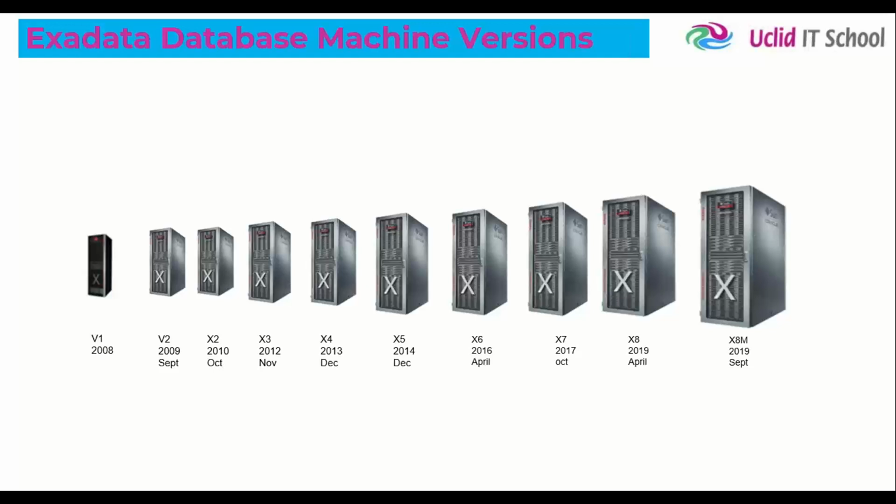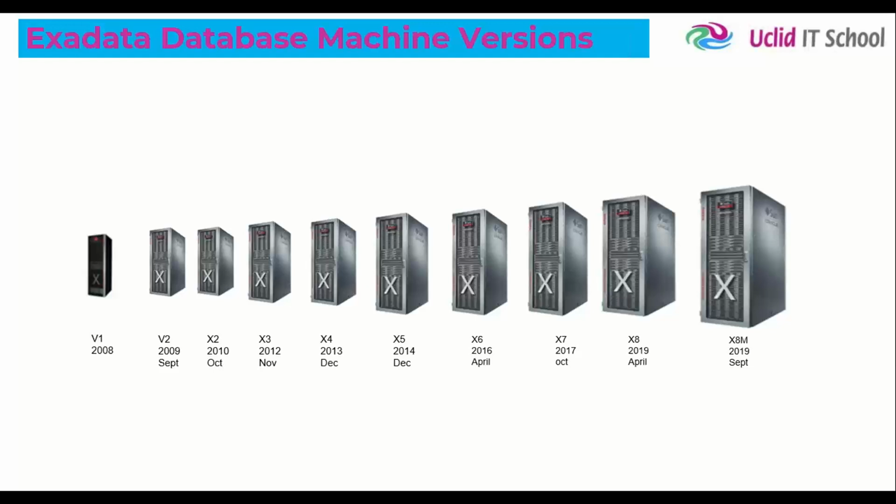Now, you can observe on this slide that the first Exadata rack is shown in a different color, but the remaining are all similar. Why did I show it in a different color? Because it is different from other hardware. When Exadata was released way back in 2008, the first version used HP servers.